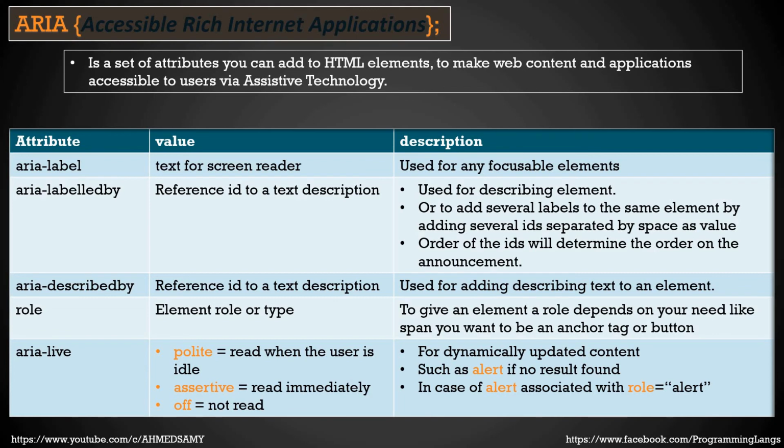For example, we have a list, and we want to change the role of this list from being a list to none, so assistive technology will not see the list at all. So we can give it role of none or role of presentation. We will speak about this during our journey of assistive technology and accessibility.